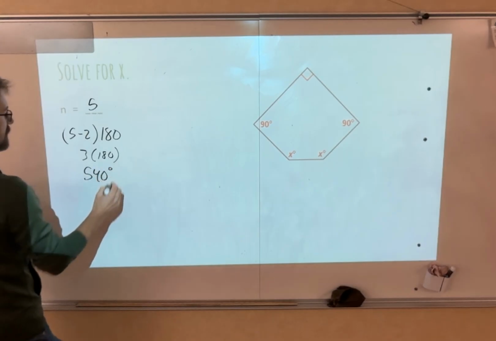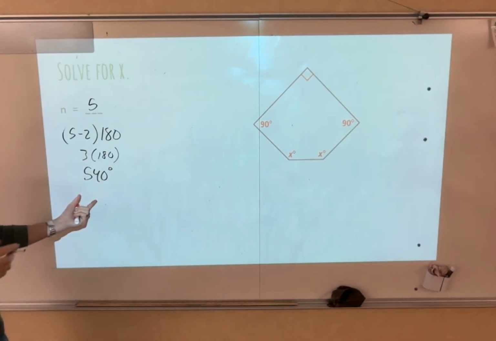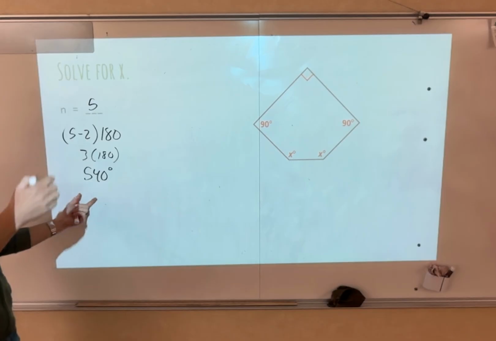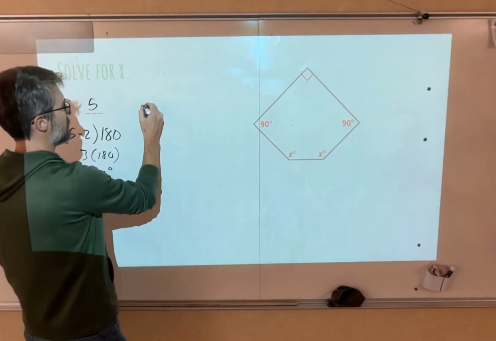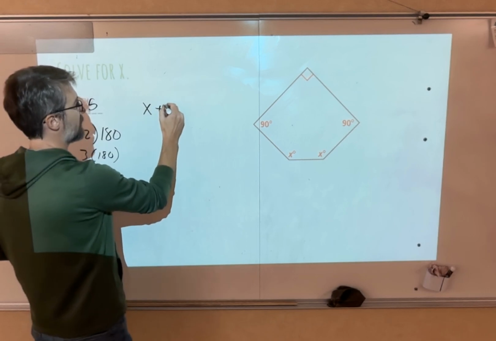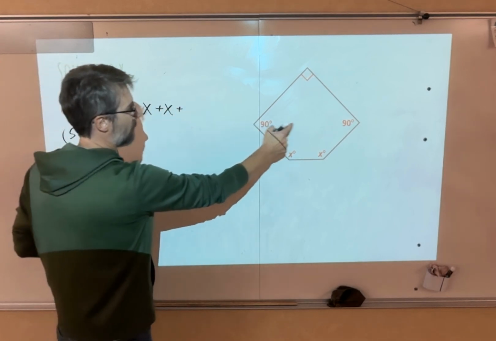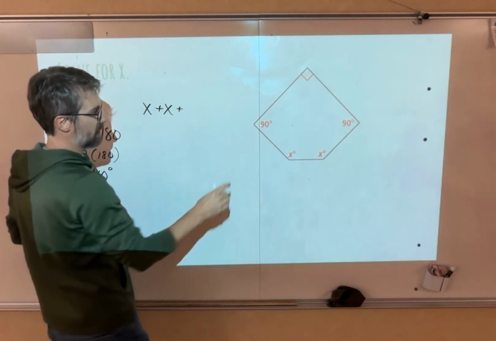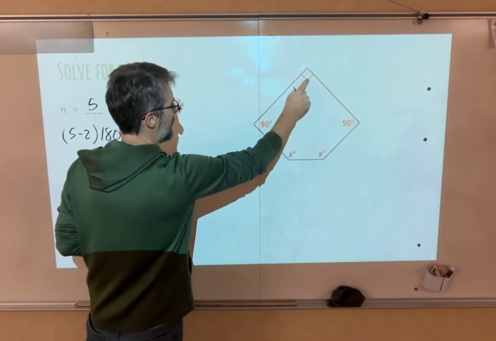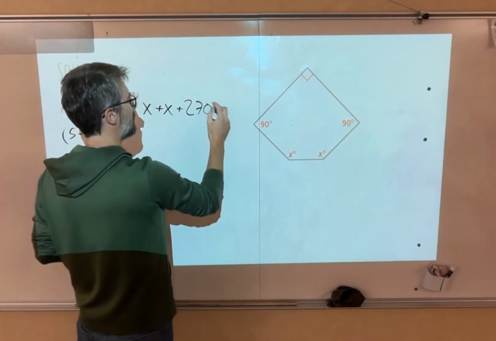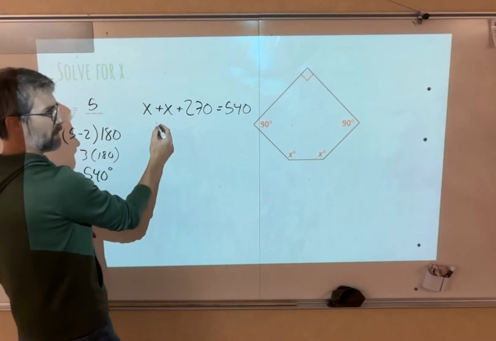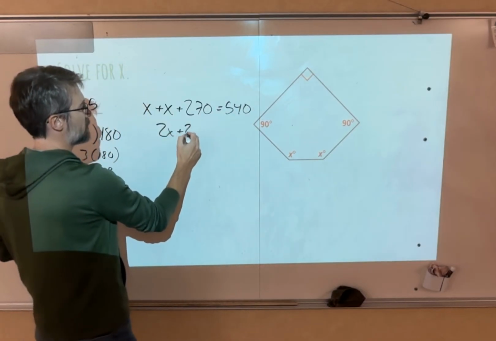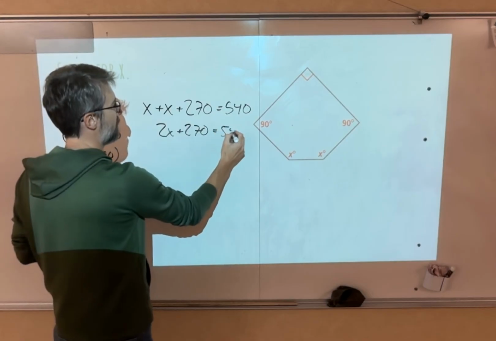540. That's the total degrees on the inside of this. So that means 540 is equal to x, another x, and 1, 2, 3 90-degree angles. That's 90, 180, 270. We can combine our like terms here: 2x plus 270 equals 540.